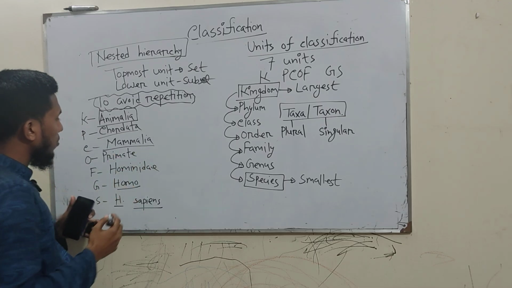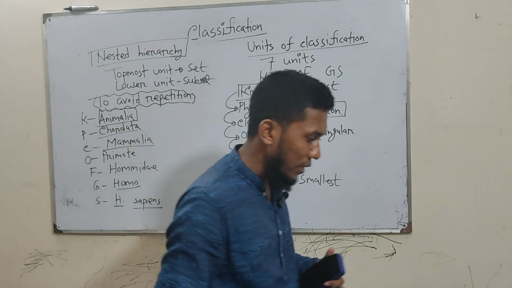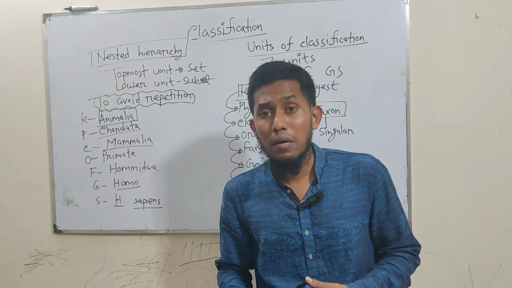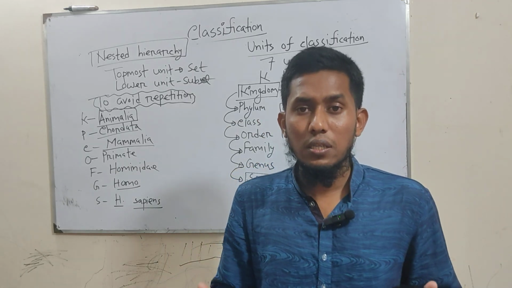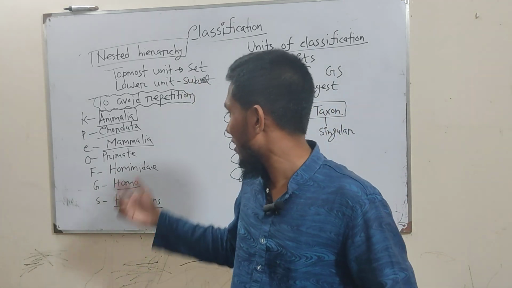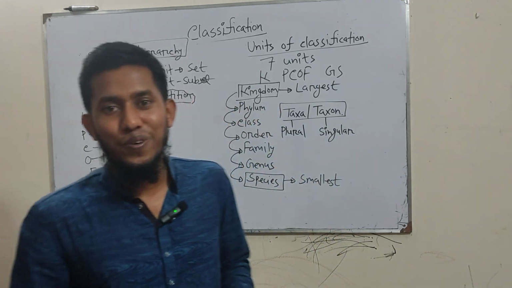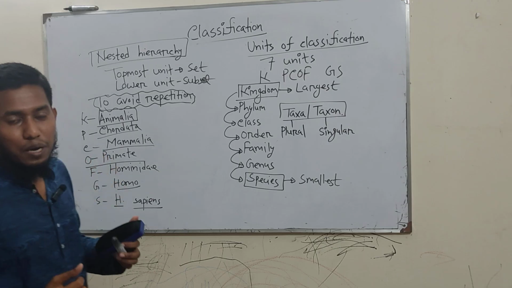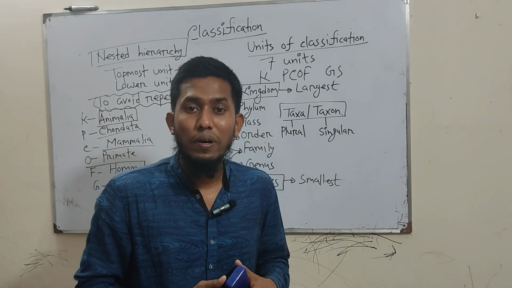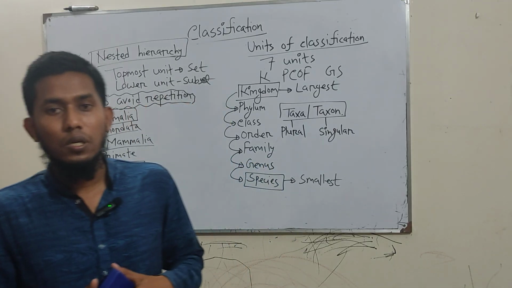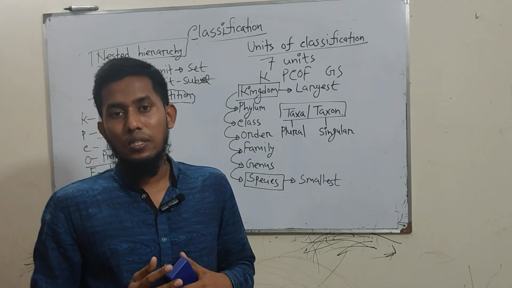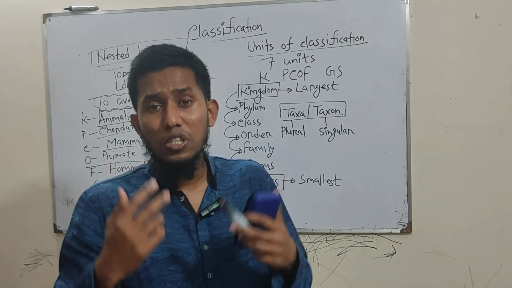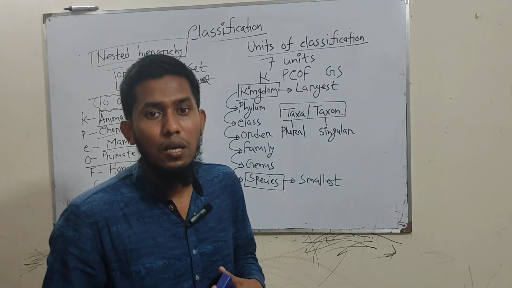And why does man belong to the class Mammalia? Because they feed their young on milk, and their body is covered with hair. Now the next one. Why does man belong to the order Primate? Because they have hands with 5 fingers that are suitable to grab, and their vision is more developed than their sense of smell.